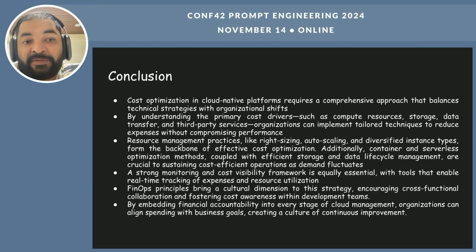By understanding the primary cost drivers, such as compute resources, storage, data transfer, and third-party services, we can implement tailored techniques to reduce expenses without compromising performance. More resources does not equal more performance. That's true: you can run a big instance and throw an application on it, but that's not how it works.